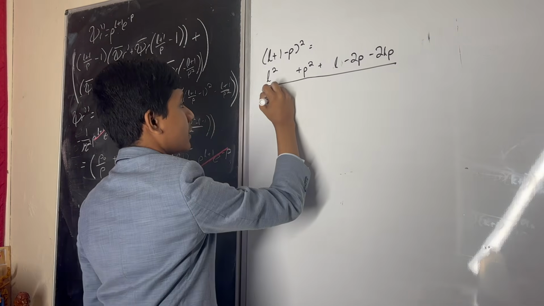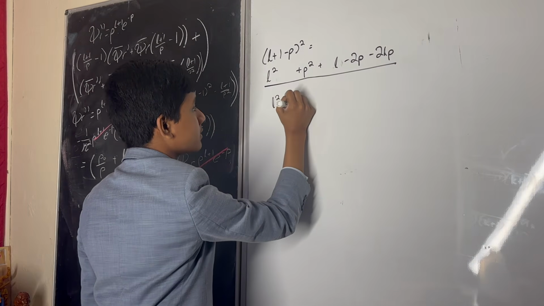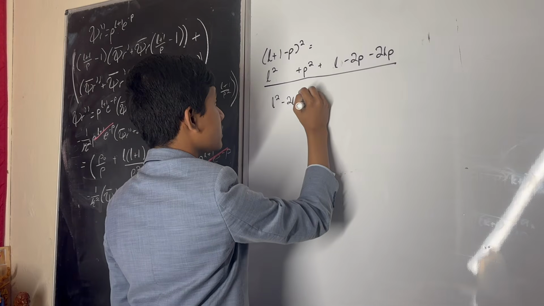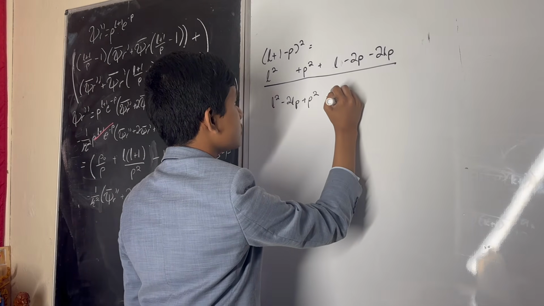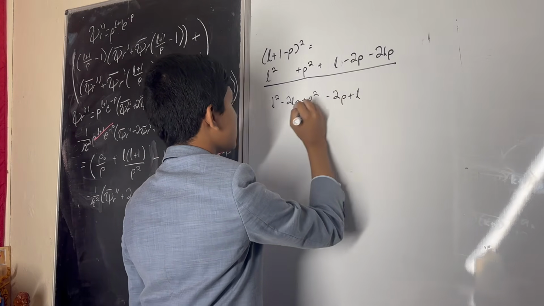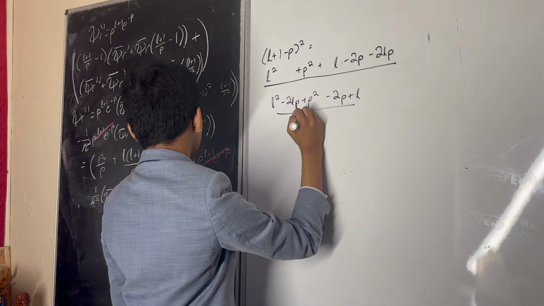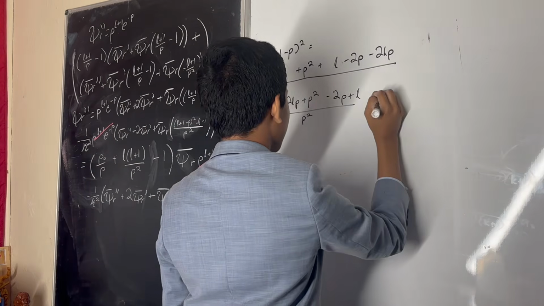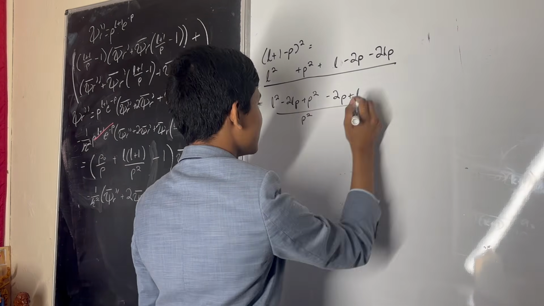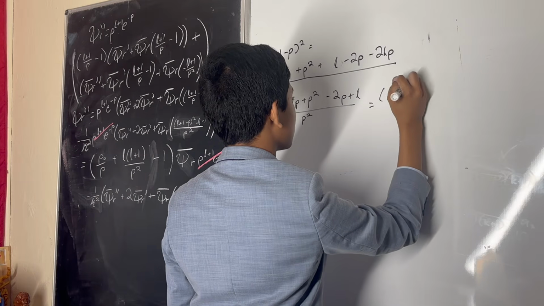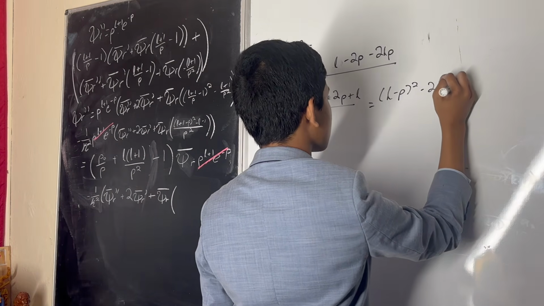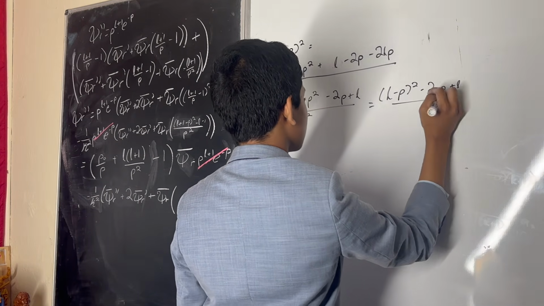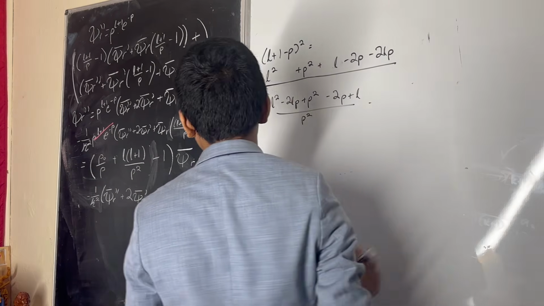So you get L squared minus 2L rho plus rho squared minus 2 rho plus L over rho squared. So I guess you can technically contract this, even though it doesn't help all that much. This is all stuff we've covered before.